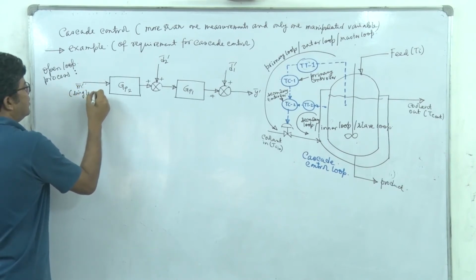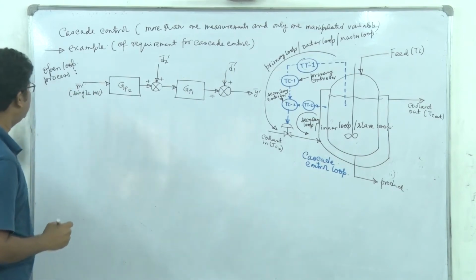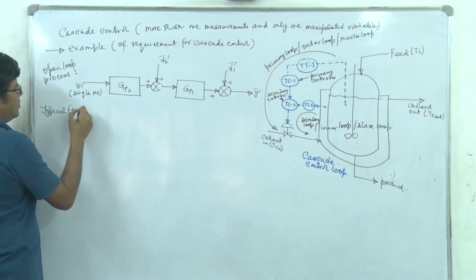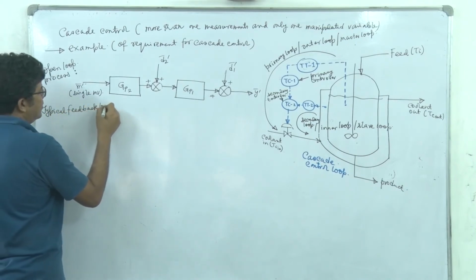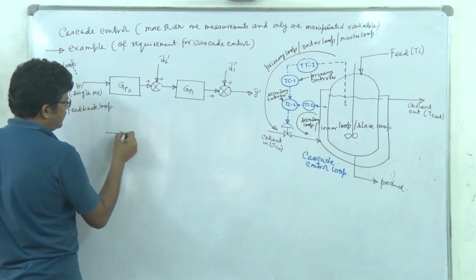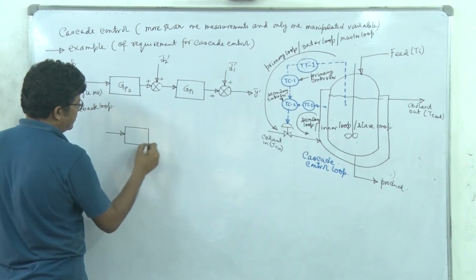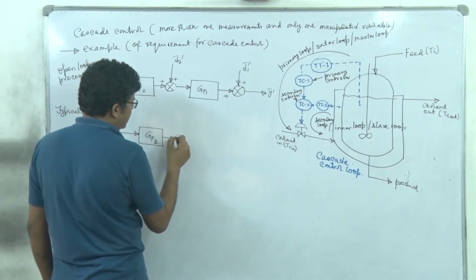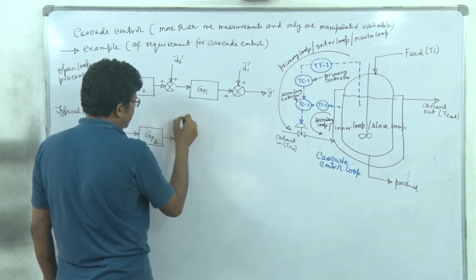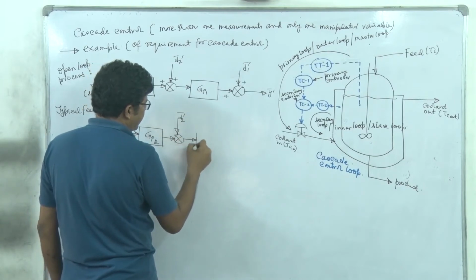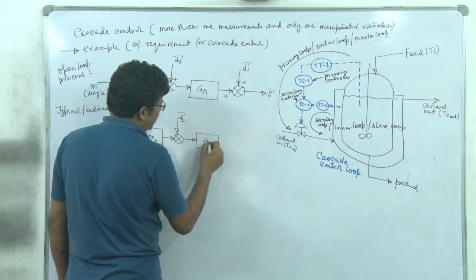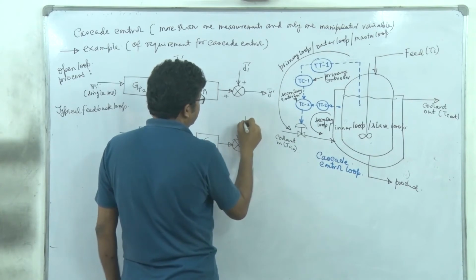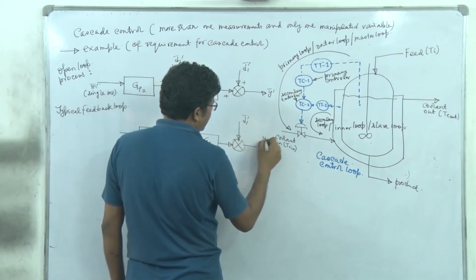A single manipulated variable, right. So what will the typical feedback loop be? GP2, next the disturbance block D2, GP1, disturbance D1 prime, and the output Y prime bar.